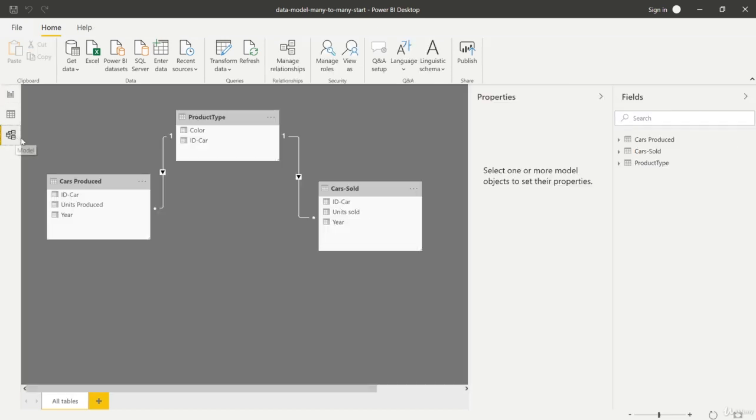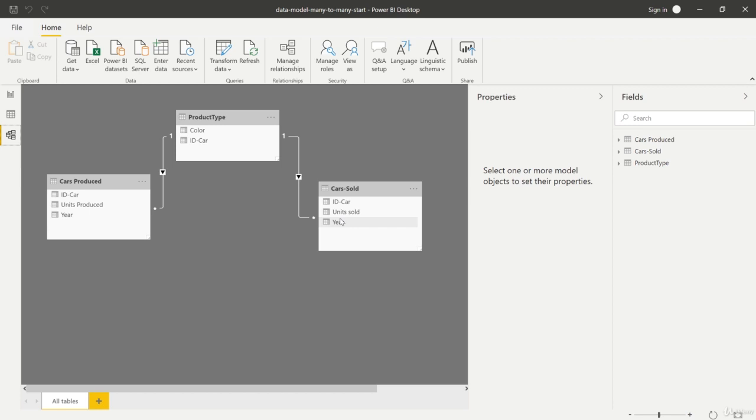Back in the relationship view, we see also the reason for this. Because here, if we take a closer look at our relationships, you can see these arrows here, this one and that one. And that was the structure we had in the course project. So the product type was our fact table, and cars produced and cars sold were our dim tables.